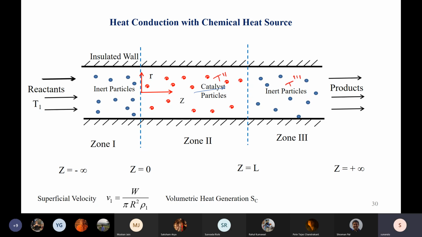So any speculation from your side, how would the temperature profile be in such a case? The reactants are coming at a constant temperature of T1. Nothing happens before it reaches Z equals 0. So at Z equals minus infinity, that means at a large distance, the reactants start coming in with T1. And this is at Z equals plus infinity.